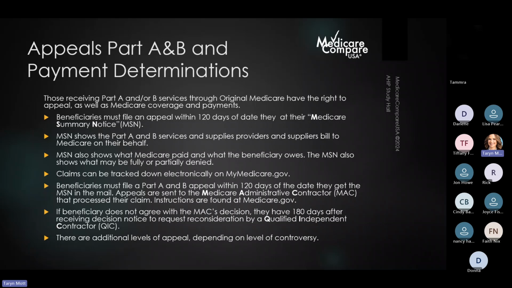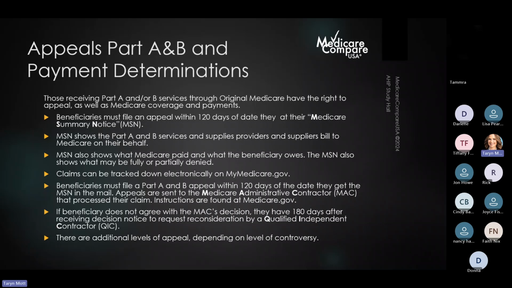So the MSN through Part A and B Original Medicare is going to be like an EOB that we're all accustomed to seeing in our own insurance. This is what they should have paid, this is what they paid, and this is what you owe. That's basically what the MSN is.